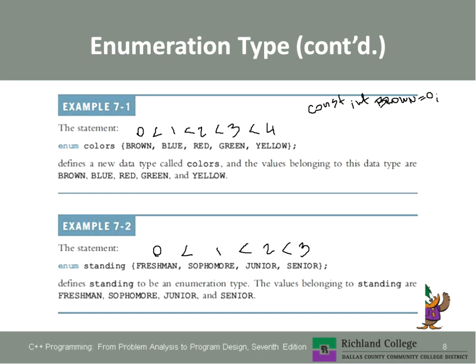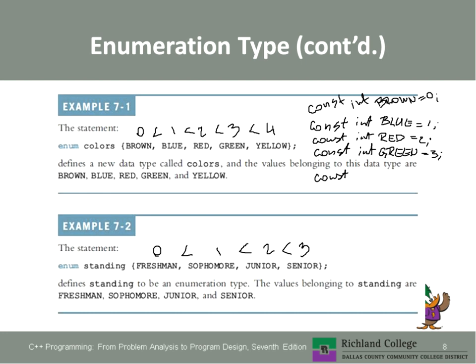And then you might say the next would be const int BLUE equals 1, const int RED equals 2, const int GREEN equals 3, const int YELLOW equals 4. You see, this is kind of annoying, isn't it?